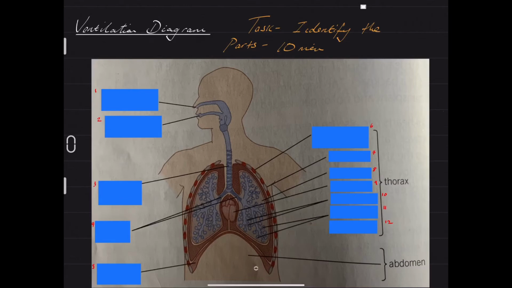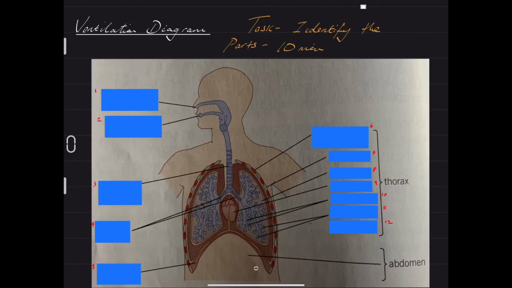So you can either take a screenshot or list in your notes 1, 2, 3, 4, 5 and up to 12. And what I want you to do is to correctly label each blue box with its corresponding number. So what would number 2 be? So you have to put the answer for 2 and then for 3.